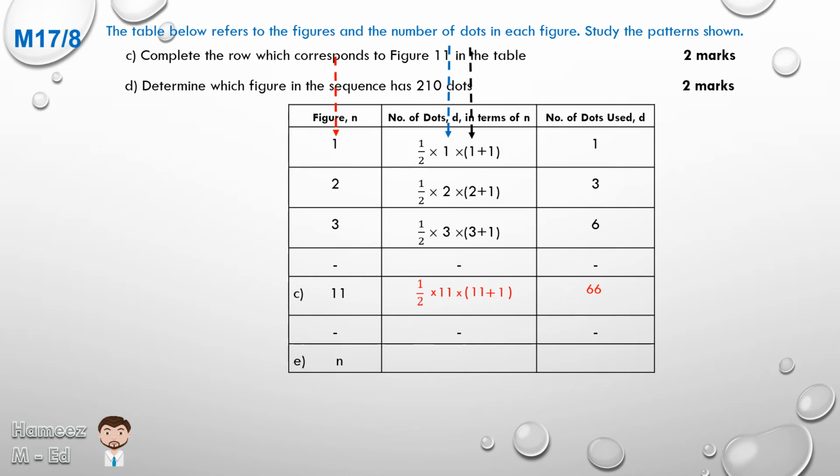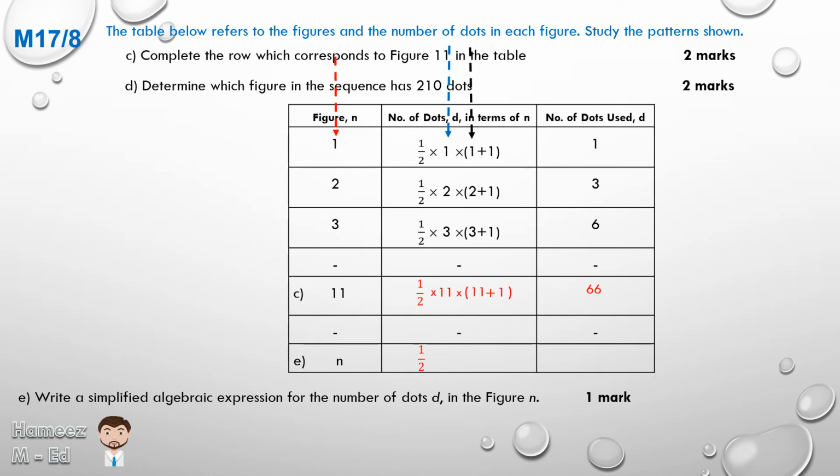So we know generally that what we're going to do here might be easier to work out part E first. So let's look at that. Write a simplified algebraic expression for the number of dots D in the figure N. So we look at the row E, the last row in our table. For figure N, for any number, what is the pattern?